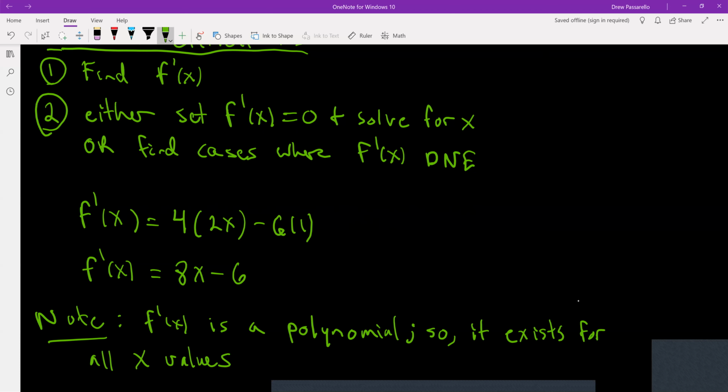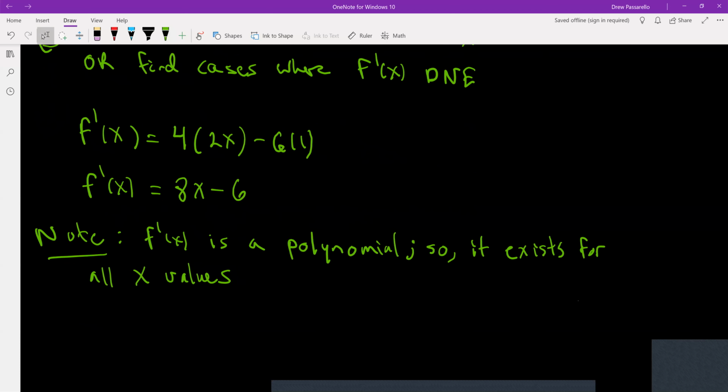All right, so that's just a comment. I don't necessarily need to see that written on a test or something. I'm just saying there's not going to be any cases where the derivative does not exist. So I only focus on finding x values where f prime of x equals 0.